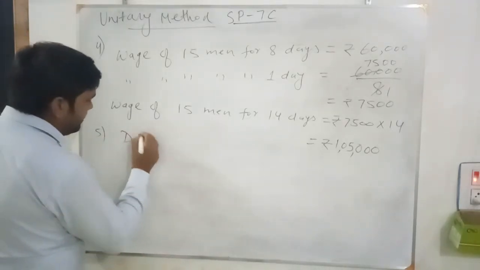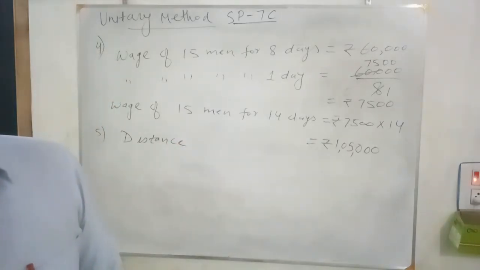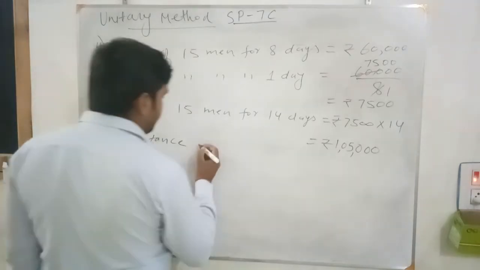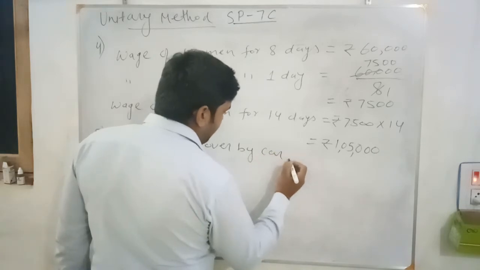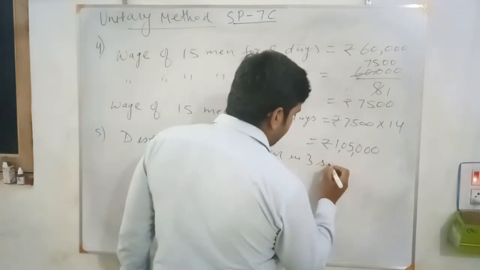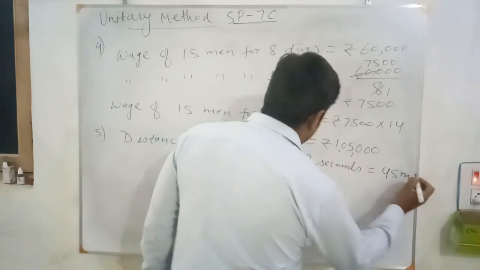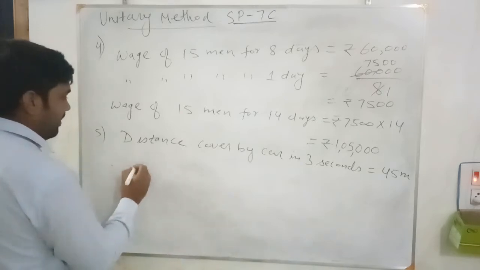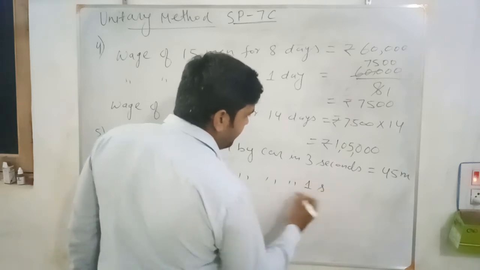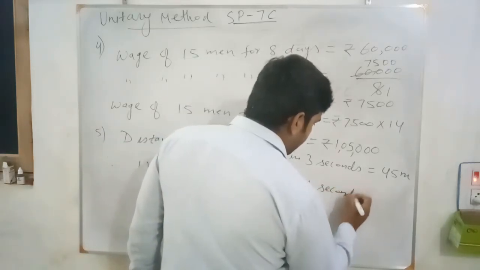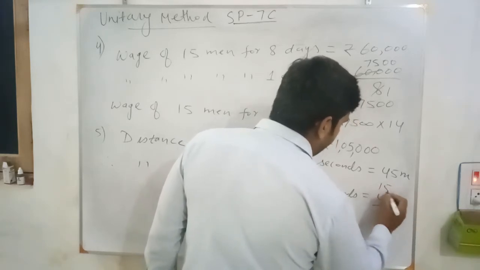So first, the distance covered by the car in 3 seconds is equal to 45 meters. Therefore, the distance covered by the car in 1 second is equal to 45 divided by 3. 3 ones are 3, 3 15s are 45.